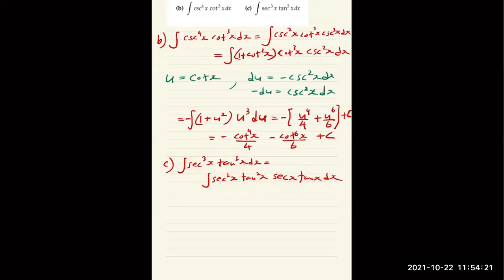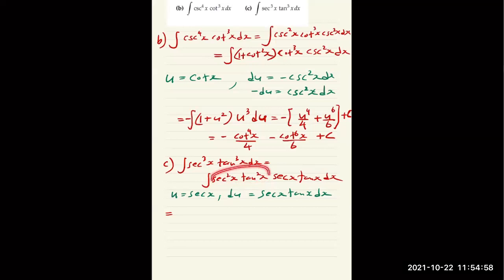Now I'm ready to go with my substitution. What is my substitution? According to the table, I am going to use u is equal to secant x. Then you get du is equal to secant x tan x dx. Before I substitute, remember, you need to write this remaining piece in terms of secant.